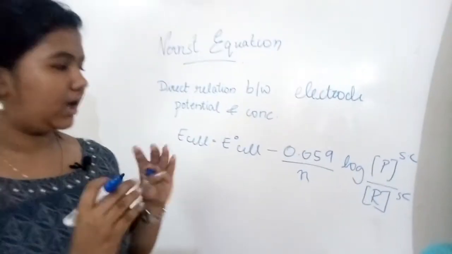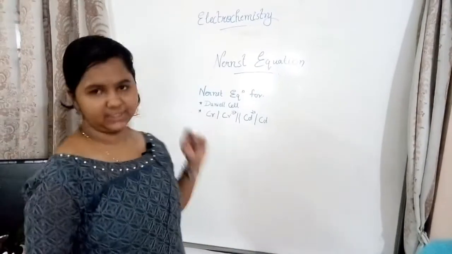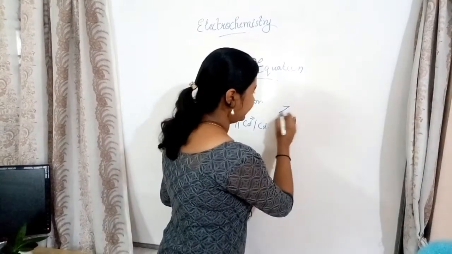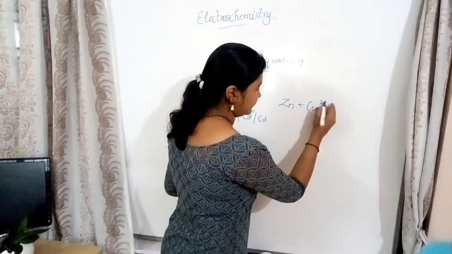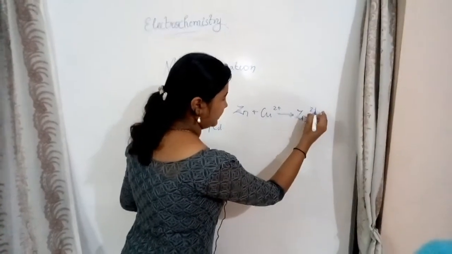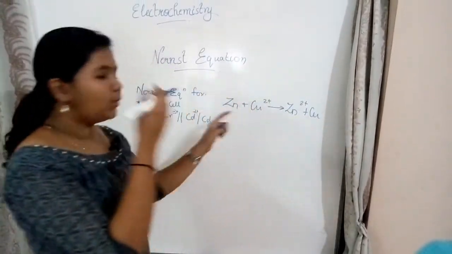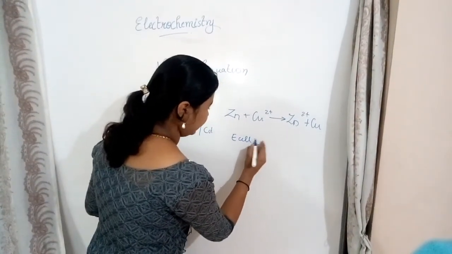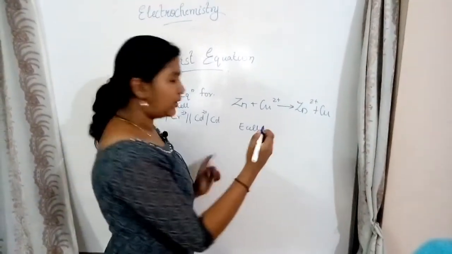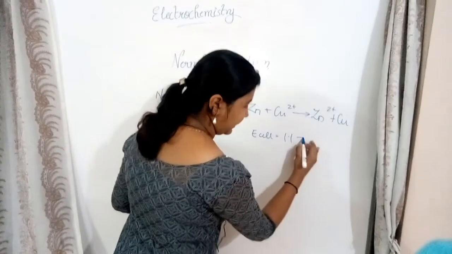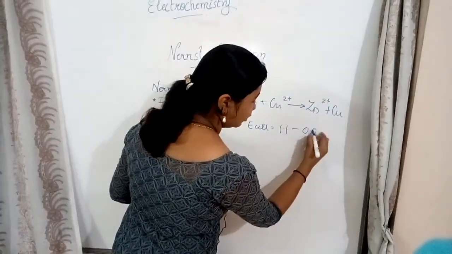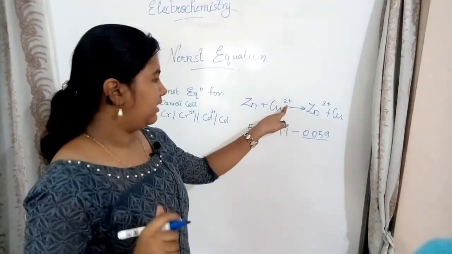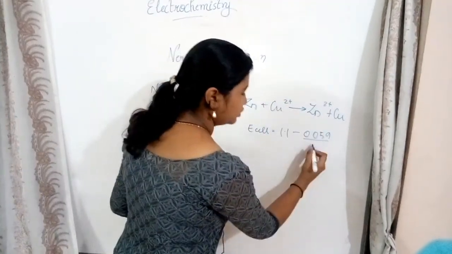Now we'll deal with the Nernst equation for a Daniell cell. So we know the Daniell cell reaction: Zn plus Cu2 plus gives Zn2 plus plus Cu. So what did we learn as the Nernst equation? The Nernst equation was E cell is equal to E0 cell, which is 1.1, minus 0.059 divided by the number of electrons, and there are 2.